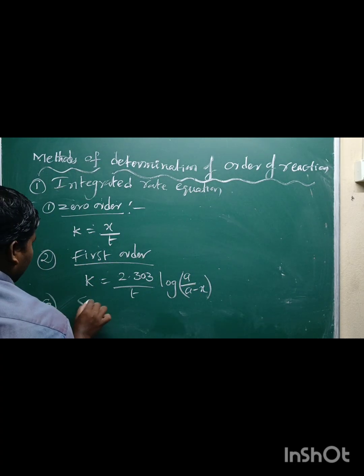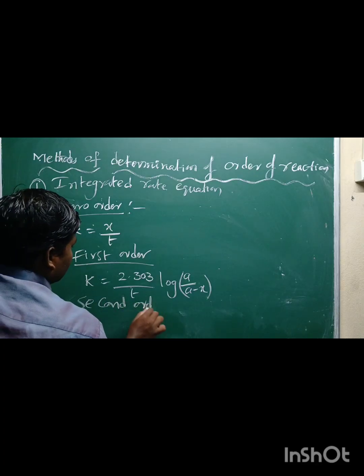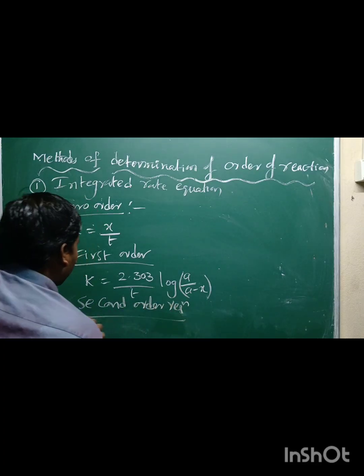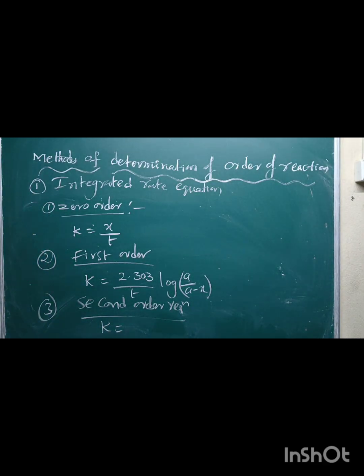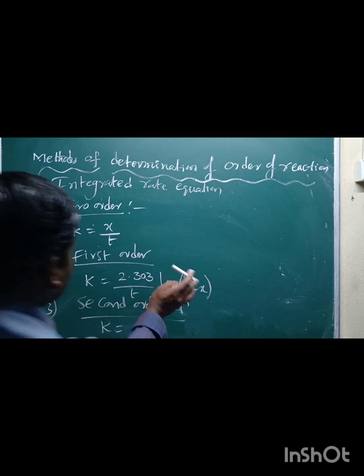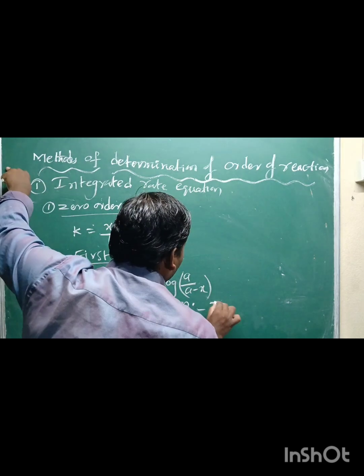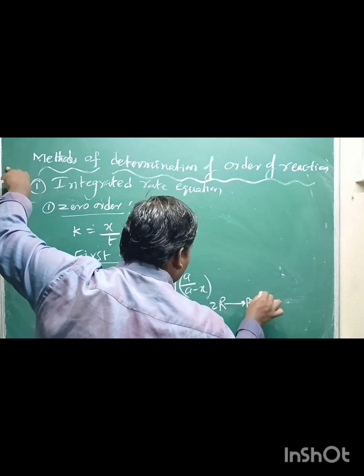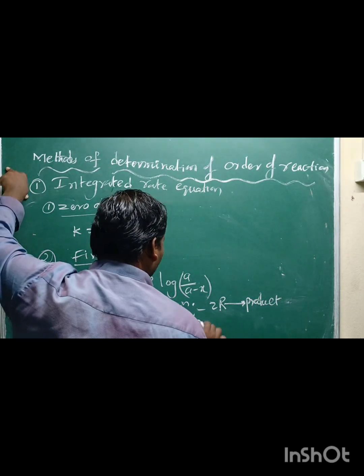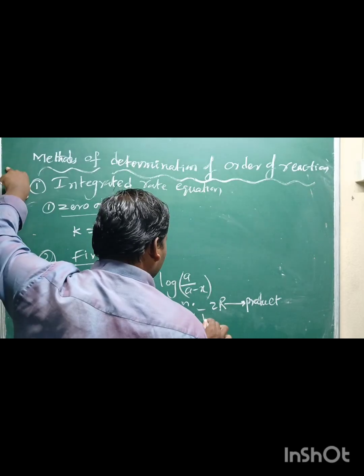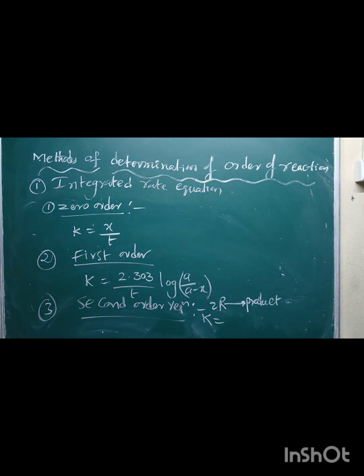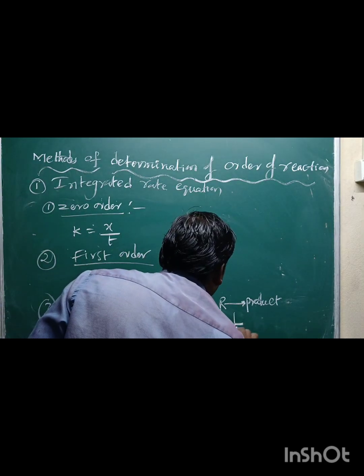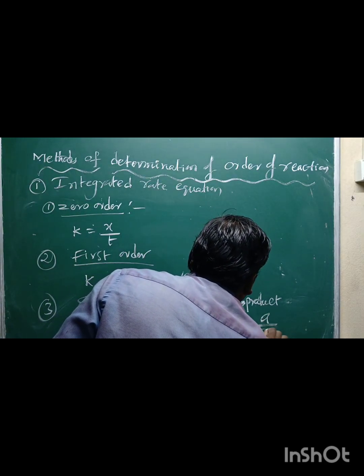For second order reaction, there are two formulas. For the reaction 2A gives rise to product, the integrated equation is K is equal to 1 by at into x by (a minus x).